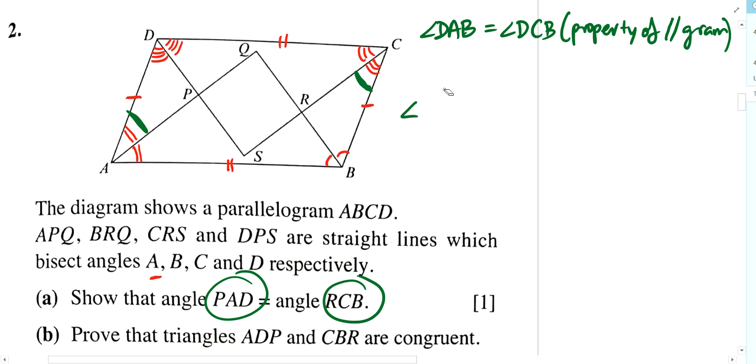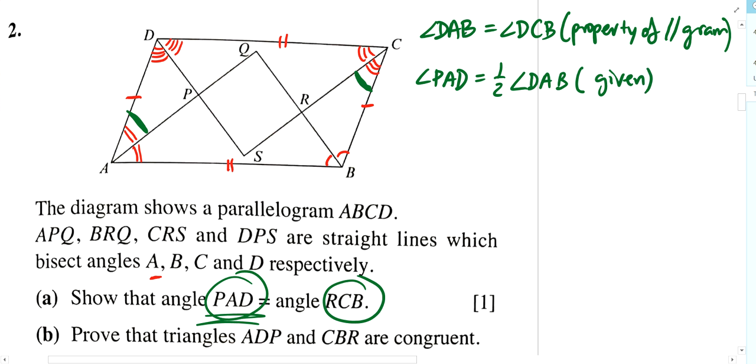How about, can I say angle PAD, which is what they wanted, is actually half of angle DAB? Am I right? What's the reason? AP, actually this is given because they say it's a bisector. Okay, this is my clue for you already.